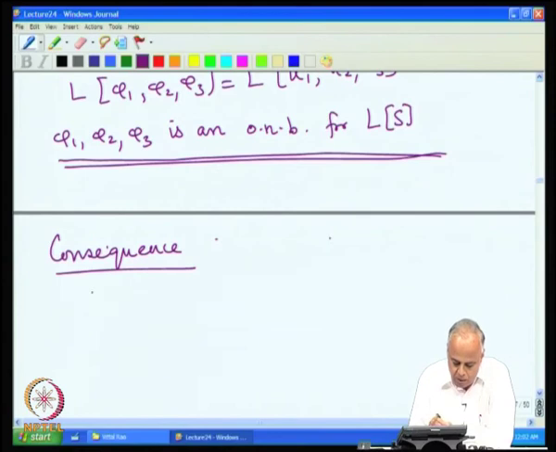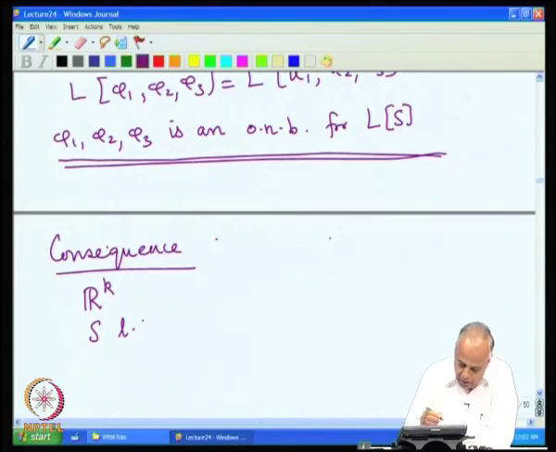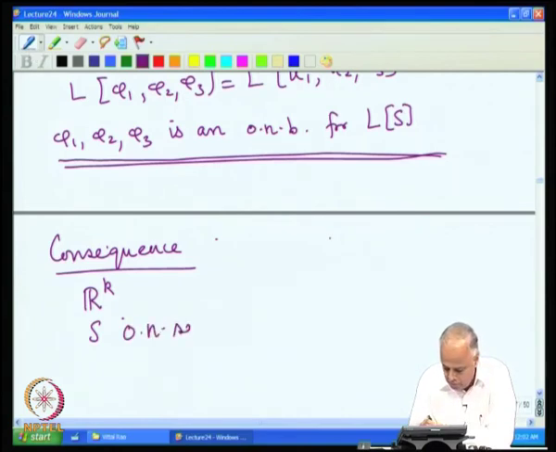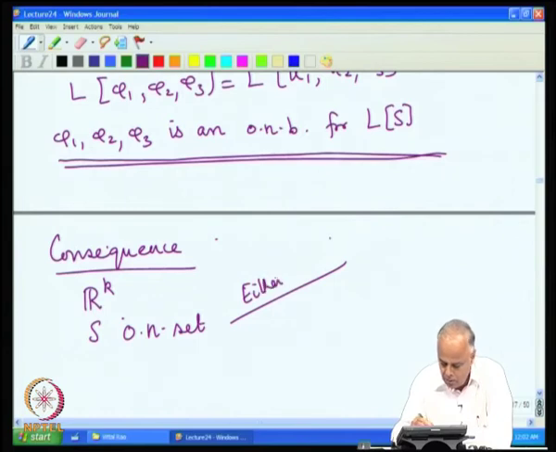Now, suppose I have R k and I have an orthonormal set. Either S is a basis, when does that happen?